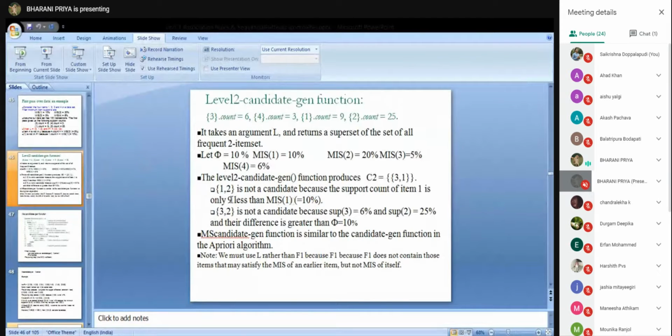Have you understood this point? Have you understood why we have not included 1 and 2?